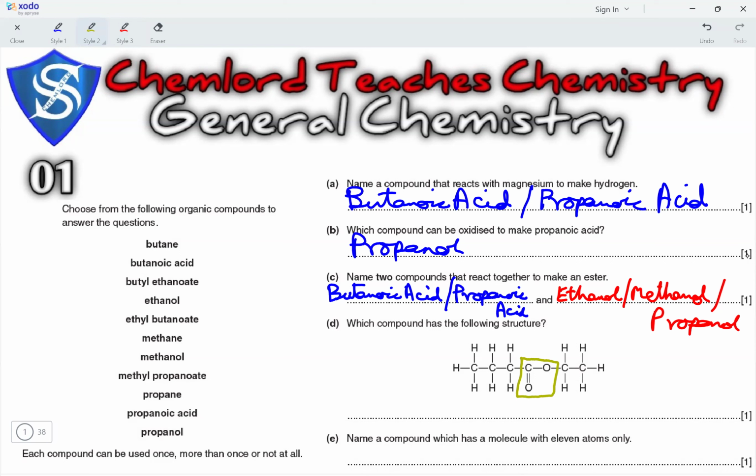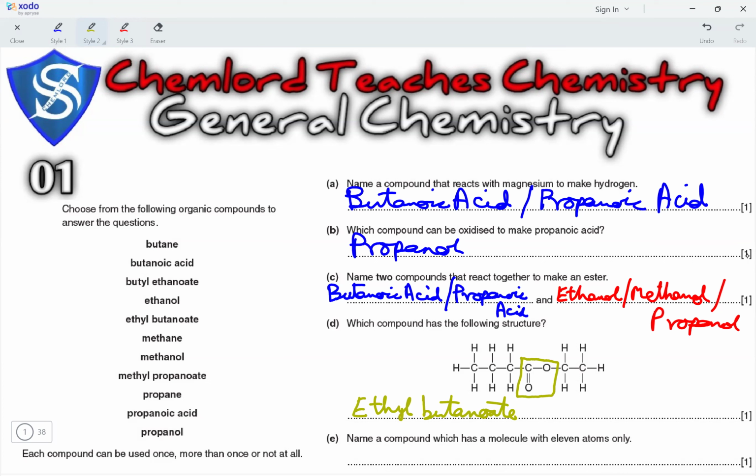So the name of this compound would be, since the alcohol part contains two carbon atoms, ethyl, and the carboxylic acid part contains four carbon atoms, so this would be butanoate, ethyl butanoate, and this ester is part of the list provided.